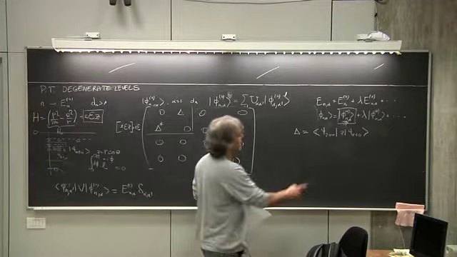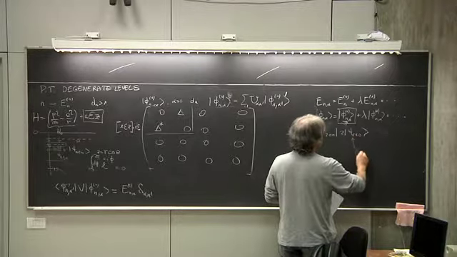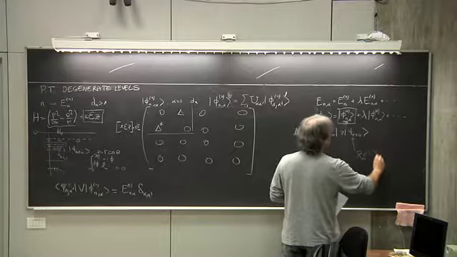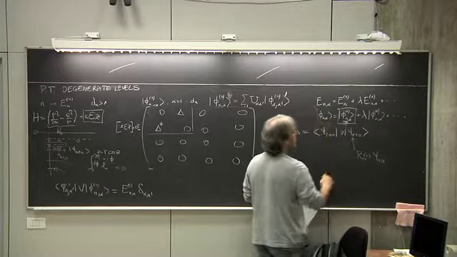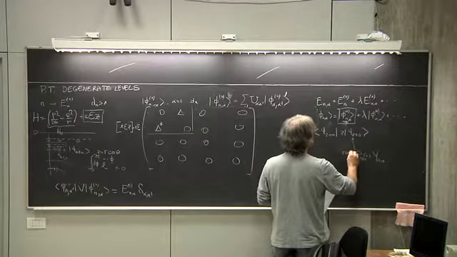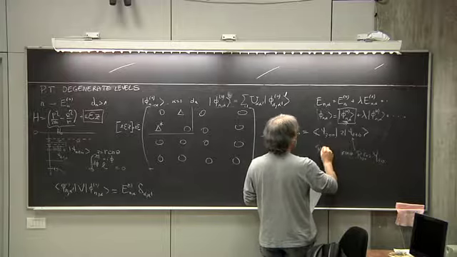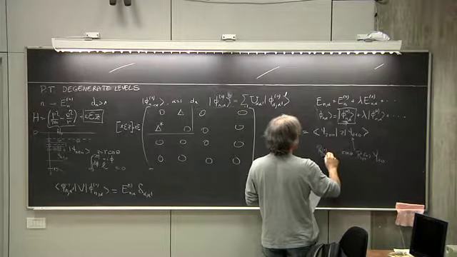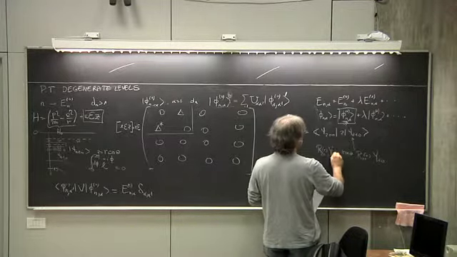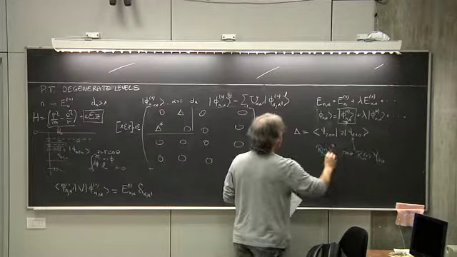Everything here is real. This function here is the R21 times the Y10 spherical harmonics. This is just R times cos theta. And this function here is R20 times the 0,0 spherical harmonics. Star if you want.